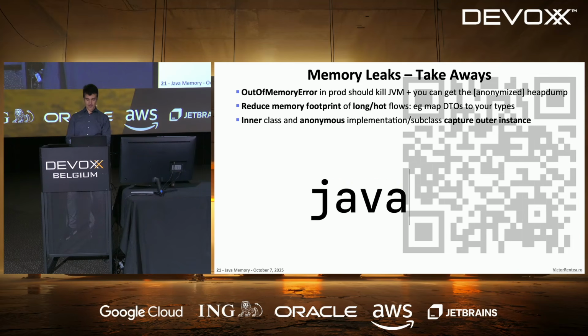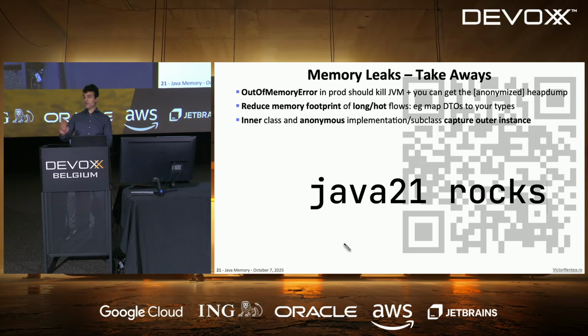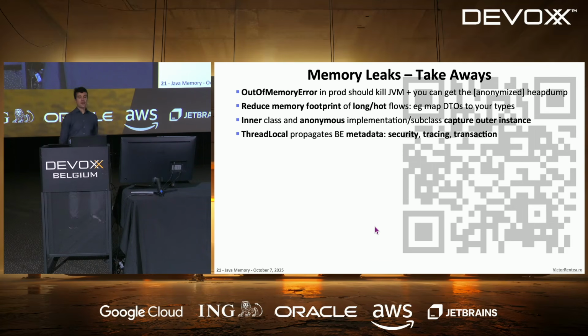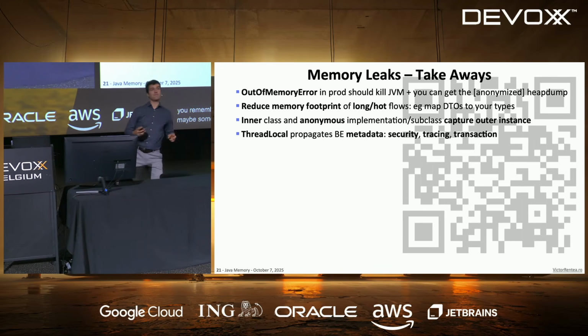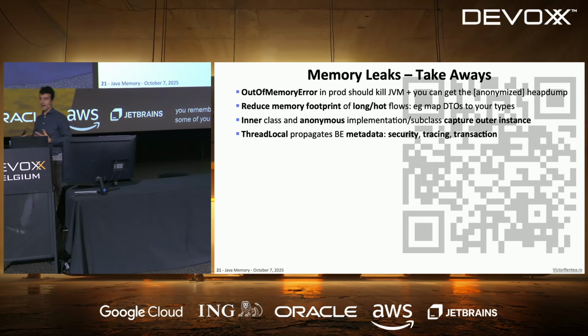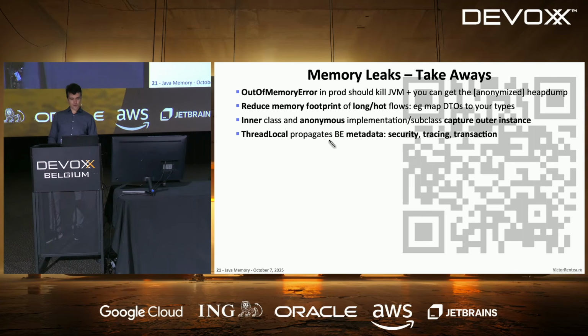Also, Java 21 rocks. Remember? It fixed 2 problems. ThreadLocal propagates the typical. Maybe some of you didn't know about ThreadLocal. I hope I played my role, and now you understand that backend systems all use ThreadLocals to propagate metadata throughout our application, security tracing and transaction things.